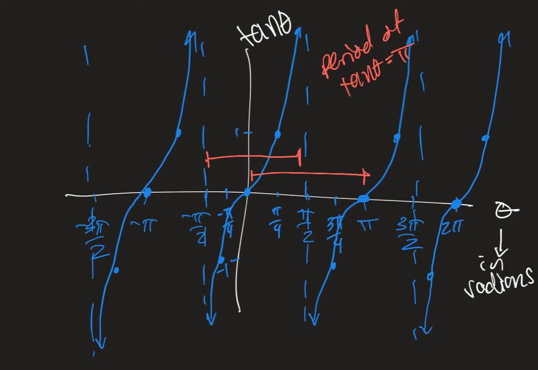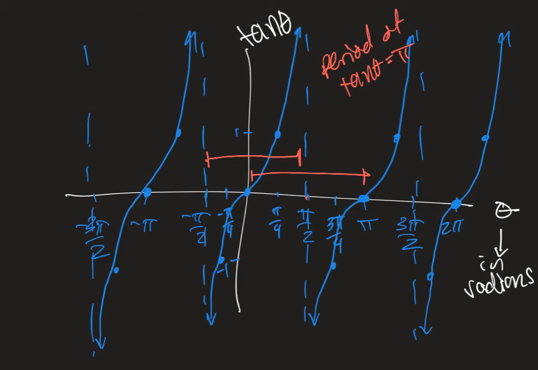So it actually only takes half of a circle, or 1 pi radians, to complete a full wave, if you will. So this graph is a little bit different, obviously, than sine and cosine, because the domain is restricted at every integer multiple of pi over 2, right?